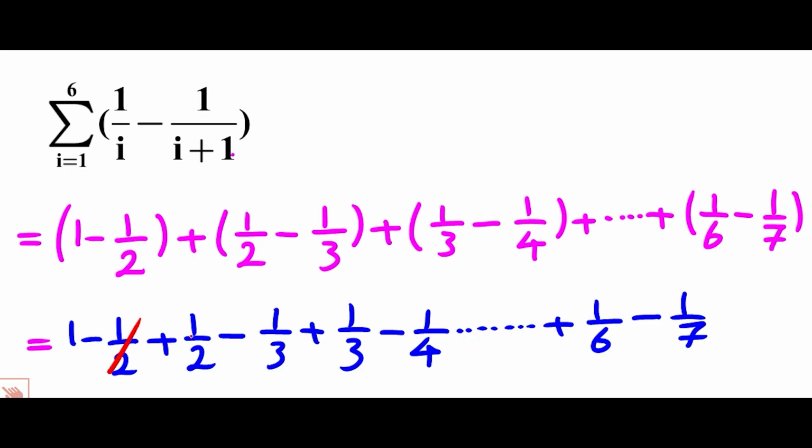Now look at the cancellation. So the answer is 1 minus 1 over 7, which is 6 over 7.